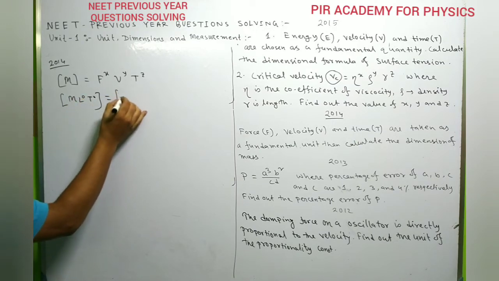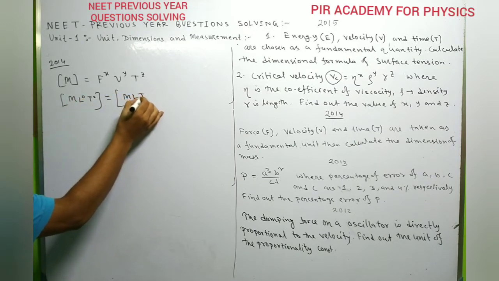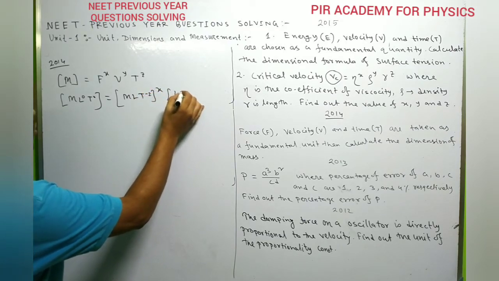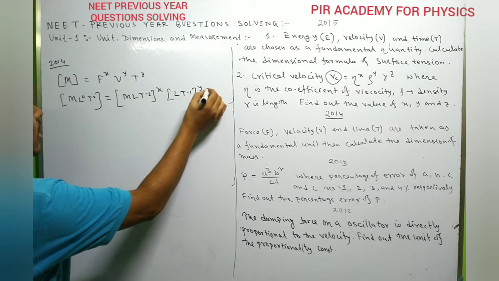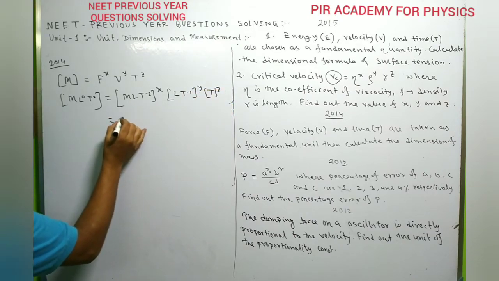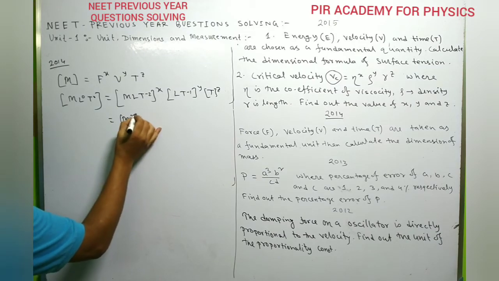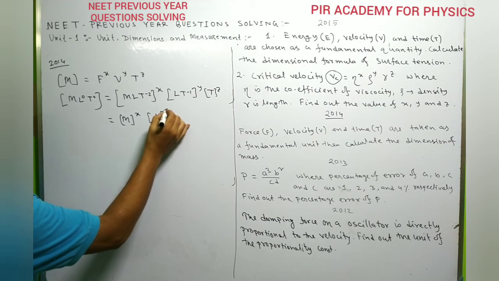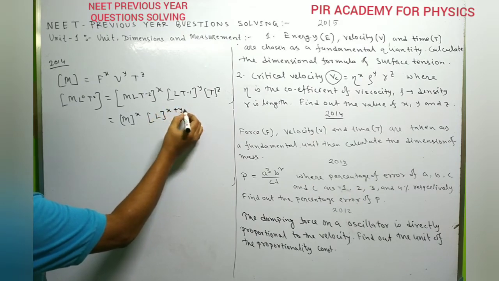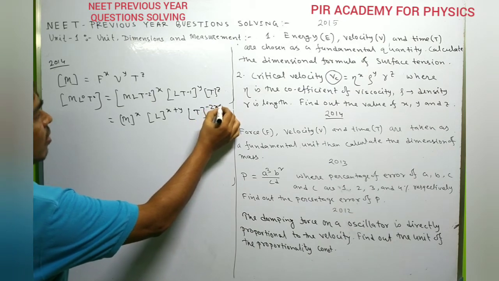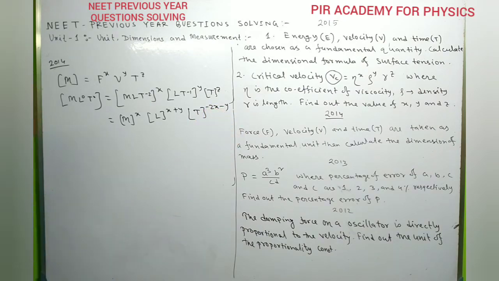So in this condition, here is M L T to the power minus 2 to the power x, and here is L T to the power minus 1 to the power y, and here is T to the power z. So it can be expressed as M to the power x, and L to the power x plus y, and for T it will be minus 2x minus y.